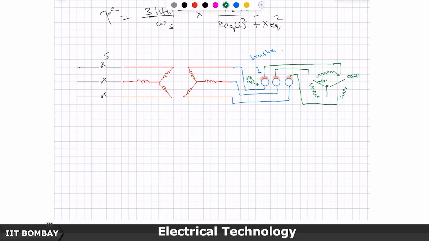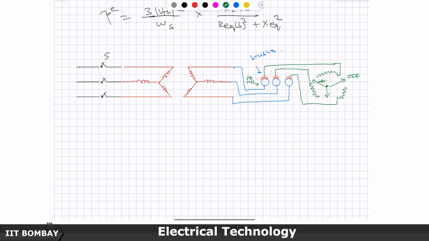This is a better way of connecting it. I connect this to this. So, these are my 3 levers, and I do this when I switch on.